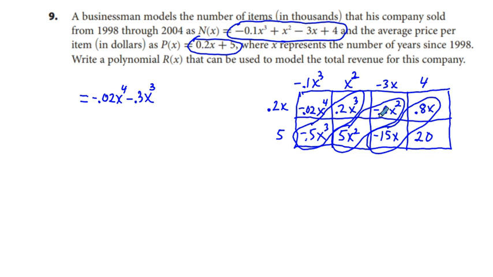And then we have 5x squared minus 0.6x squared. That's going to simplify to 4.4x squared. Okay, next we have negative 15 plus 0.8, which is minus 14.2x.